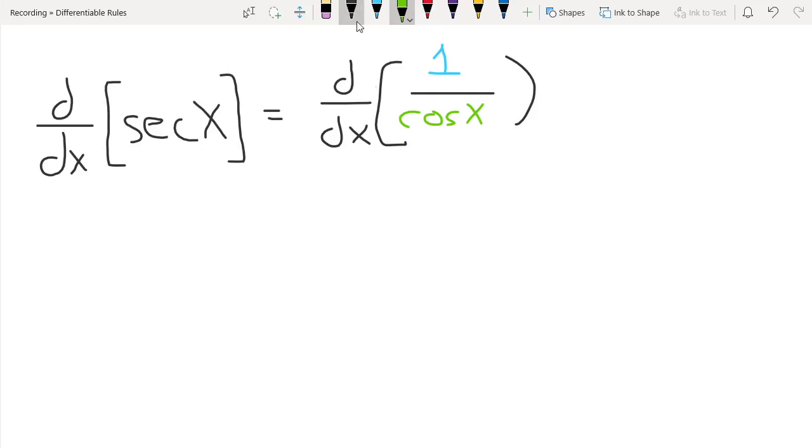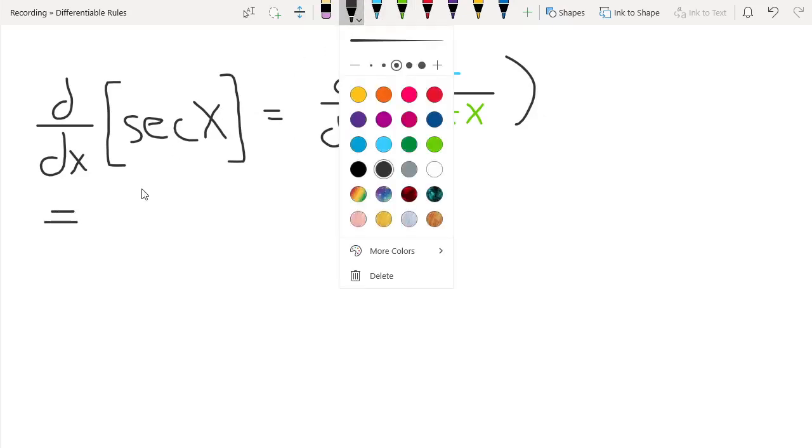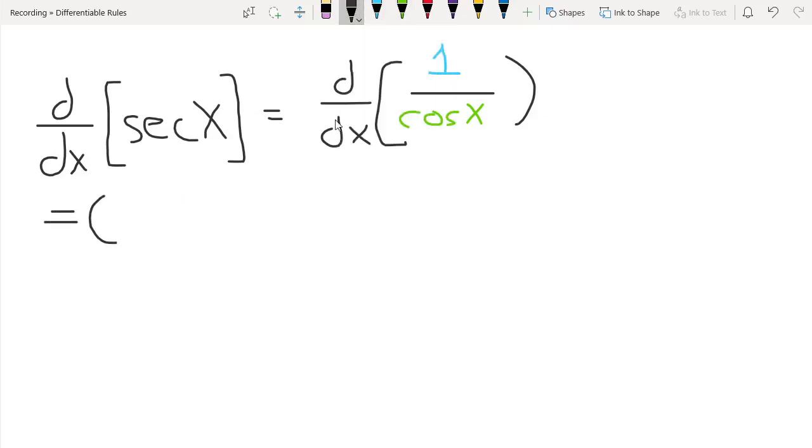Okay, so I assumed you did the problem, but if you didn't, here's how you would do it. So you take the low, in this case cosine of x. Then you take the derivative of 1, which is 0. Then you subtract that by high, which is 1. And then you take the derivative of the bottom, aka low.